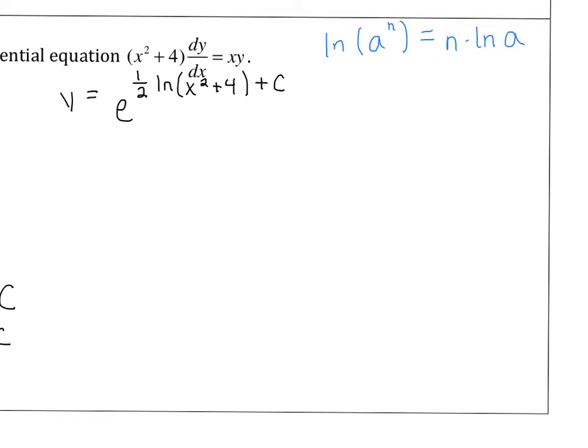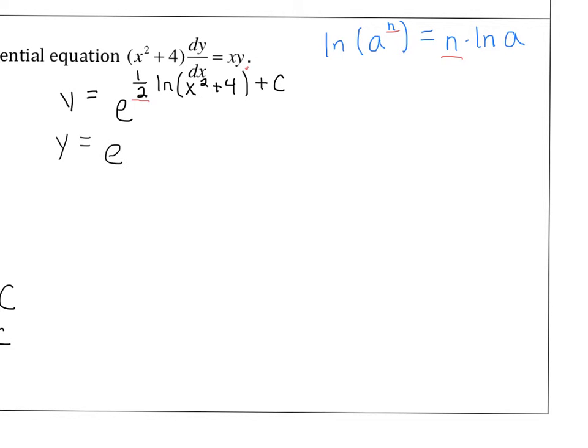In other words, exponents that are inside a natural log can come down in front as multiplication and vice versa. So if I'm seeing this 1/2 down in front as multiplication, that was probably up here in the exponent previously. So let's put it there, get it out of the way.